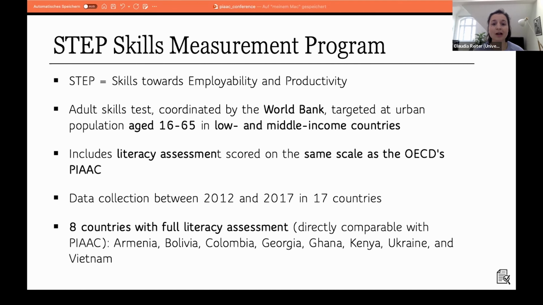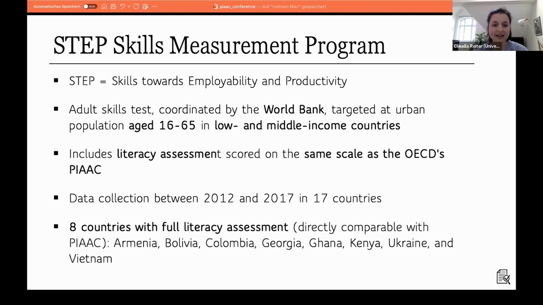It's targeted at low and middle income countries and also at the population aged 16 to 65, but only in urban regions. The nice thing about STEP is that it includes a literacy assessment, which is scored on the same scale as the OECD's PIAAC. So it's kind of comparable, not completely, because they are only focusing on urban population, and there are a few other issues, but still I decided to include it in my analysis just to make the spectrum of countries broader.